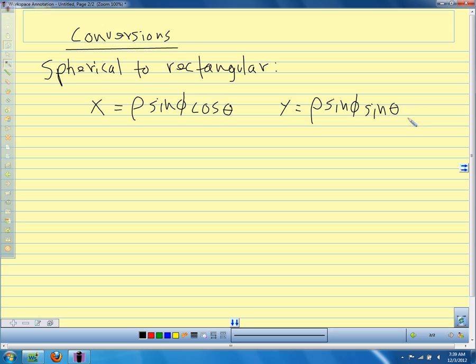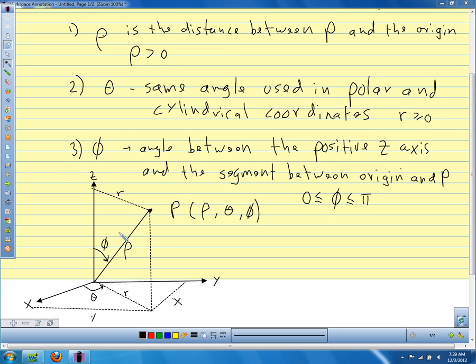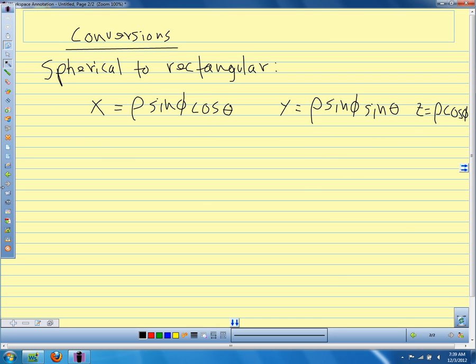And z is rho cosine phi. And that all comes from looking at this triangle and these triangles down here, like I said.